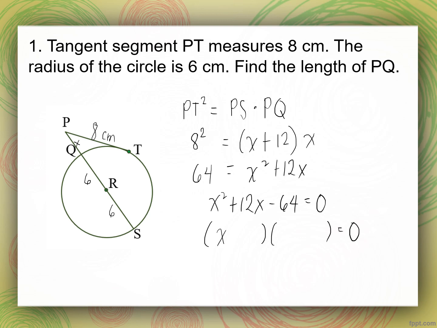So this is X and X. We can have 16 and 4. Of course 16 should be positive, the middle term is positive, and this would be negative. So we have two values of X, which are negative 16 and positive 4. And of course, the final answer, the length of PQ will be 4 centimeters. We don't have a negative length, so we won't consider negative 16.